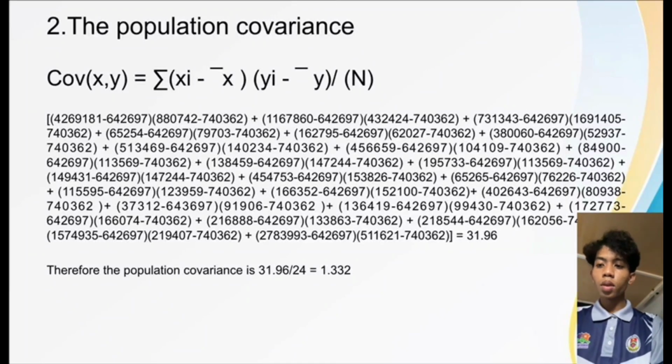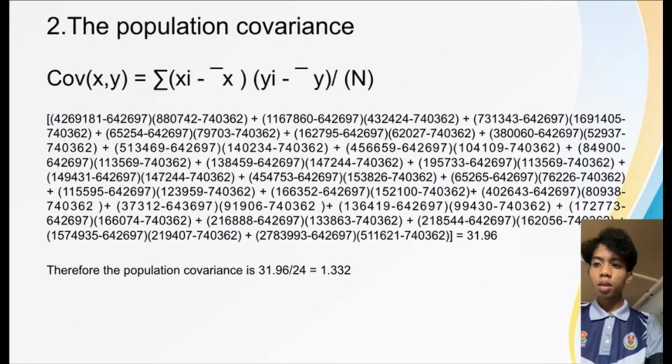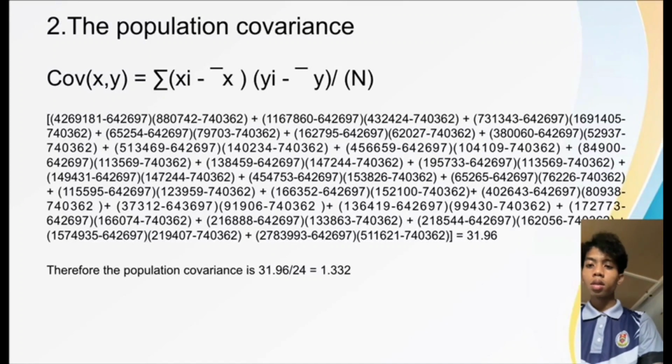Next is the population covariance. Same formula, but at the end we use capital N, the number of data values. Like you see, we use the data from the table, and the answer we get is 331.